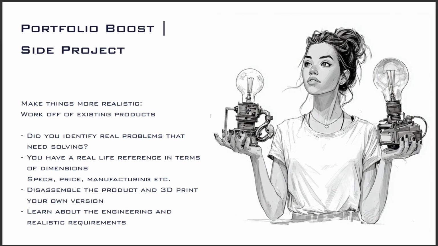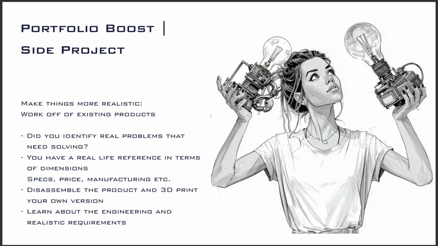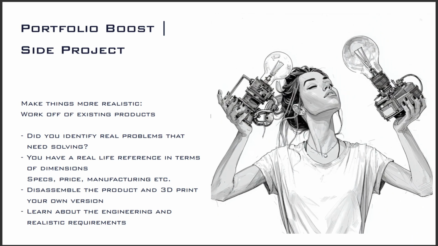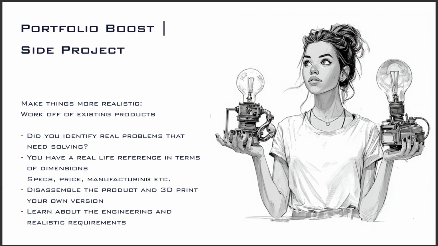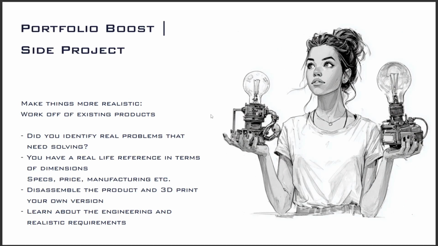So you already potentially have a real product and identified real problems, undeniably real, right? If you tackle those head on, then you're also much closer to a realistic side project that is actually valuable and convincing. I mean, it doesn't have to be a suitcase. That was just the example I used, but it can be anything really, like a phone, a mouse, some pliers or whatever.